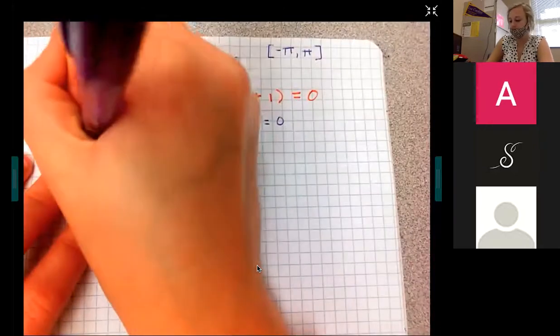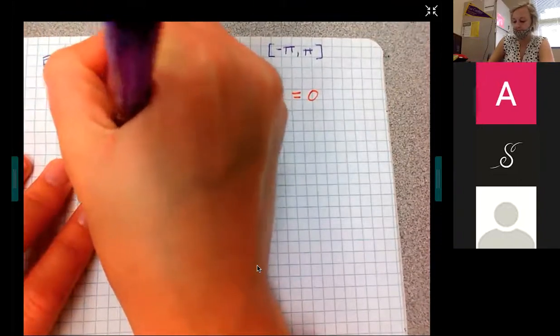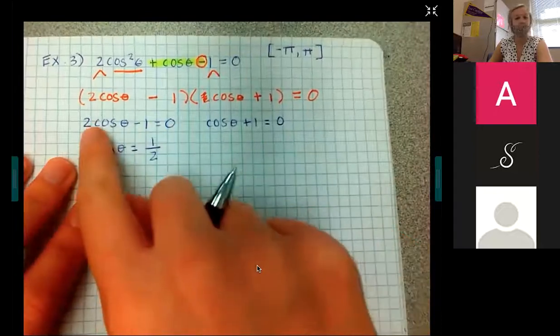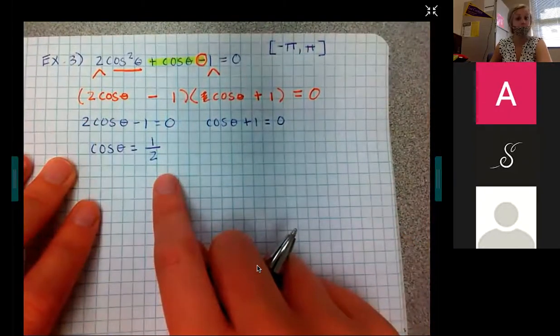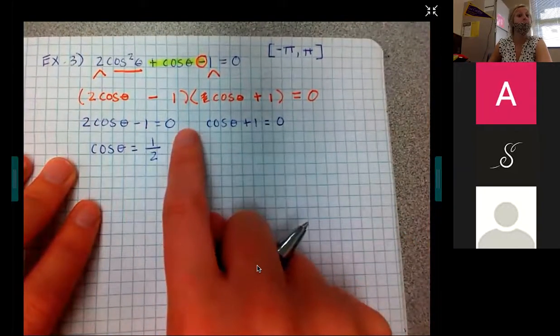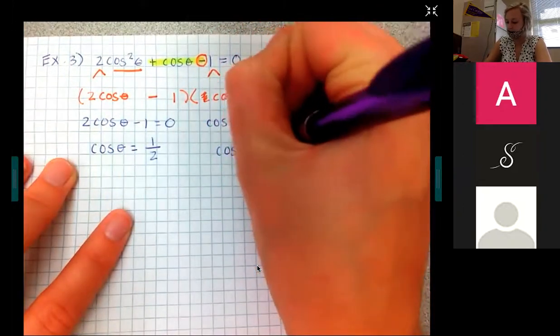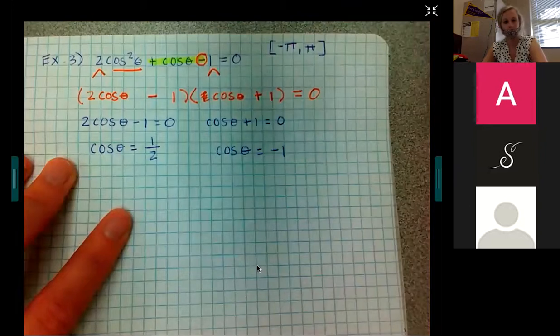So does everybody agree this first one will end up being cosine equals 1/2? Because you'll add the 1 and divide by the 2. And then this one will end up being cosine theta equals -1.